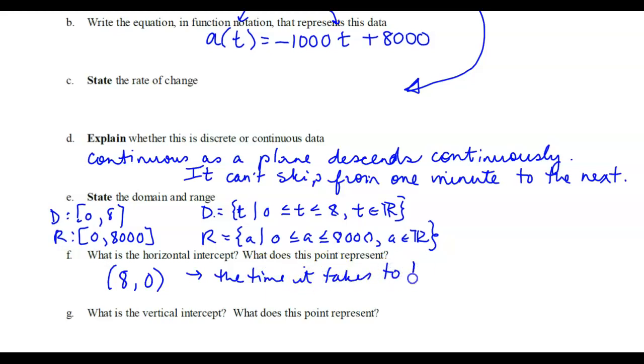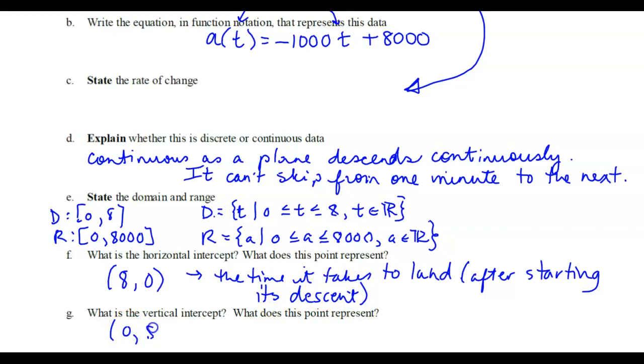Or I guess descend and then land, because really this graph started at the point where it started to descend, so I'll put after starting its descent. And then the vertical intercept is (0, 8,000) in round brackets. And that's the initial height of the plane when it starts to descend.